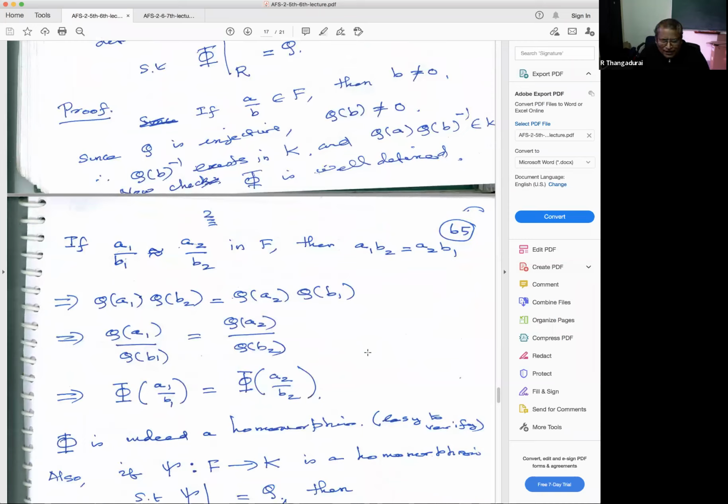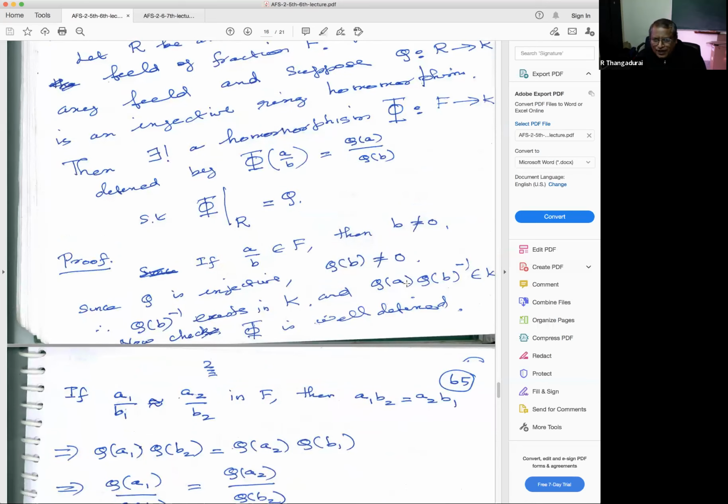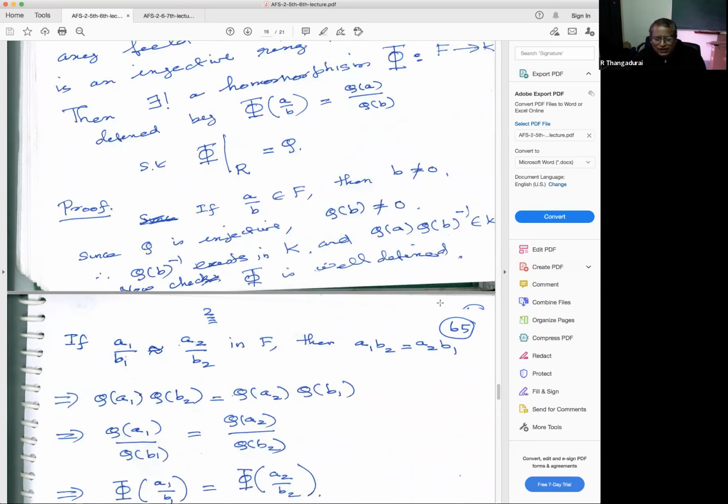One element means I have taken two representations, a1/b1 and a2/b2, from the equivalence class. The image, by definition, will be phi of a1 times phi of b1 inverse. The other image is going to be phi of a2 times phi of b2 inverse. We want to prove that these two are one and the same.